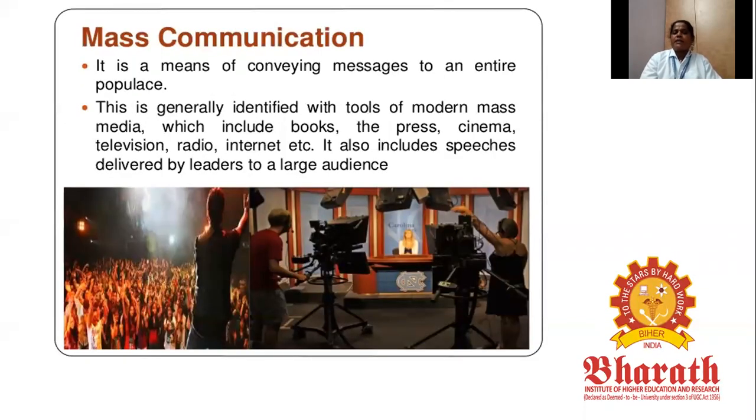What is mass communication? It is conveying a message to an entire population. Examples are world news, cinema, internet, press, social media, newspapers, news readers, radio.